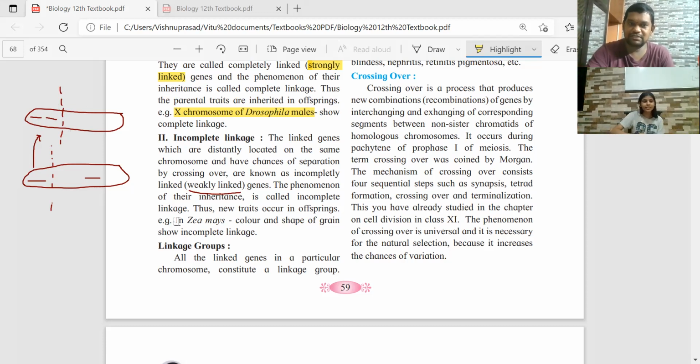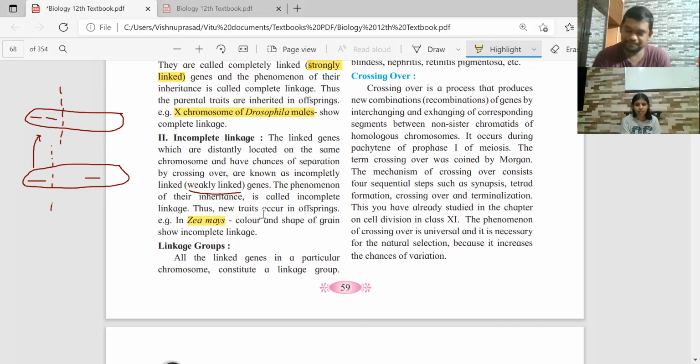Second one, incomplete linkage का example है Zea mays, the maize plant, bhutta. Here the color of the grain and the shape of the grain are two different genes.